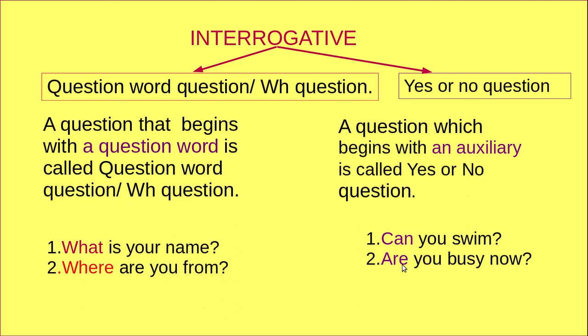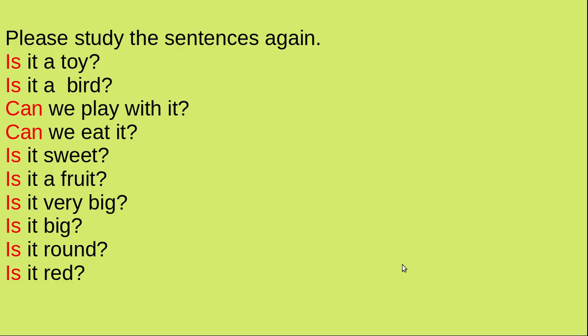Now, what about our questions? The questions asked by Manu, let us see them. All the questions are here again. You see, is it a toy? See, it begins with is. This with is, this with can, all others with is.